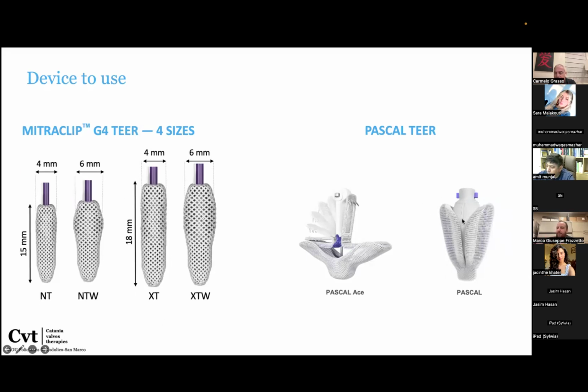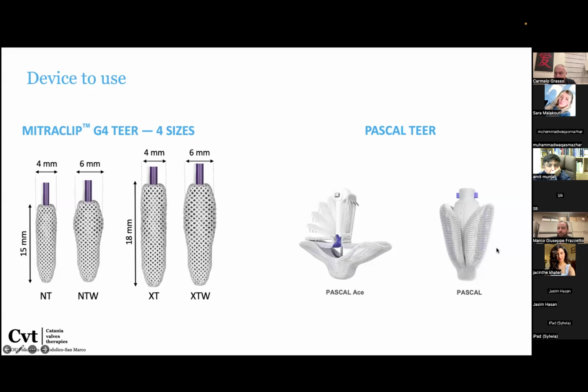Instead, the Pascal device has a nitinol construction, so it has memory of its shape. And when we close the Pascal, it is the nitinol that causes the closure of the Pascal device. So it is a little bit more elastic than the clip device.